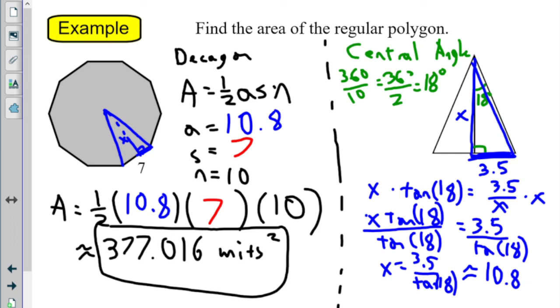Step 2, we found our central angle by taking 360 divided by number of sides. Once we had that central angle, step 3, we used our trig to solve for our missing piece that we wanted. And then once we had that missing piece, step 4, we plugged it into the whole formula and got our answer out.